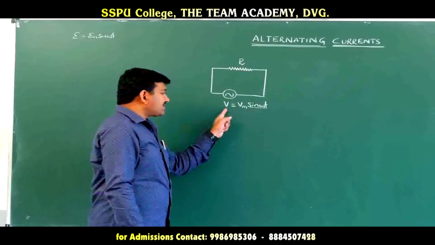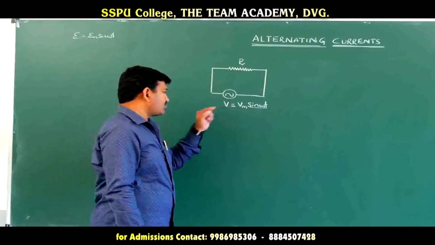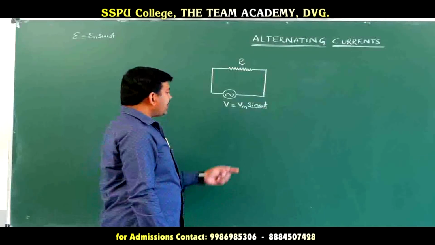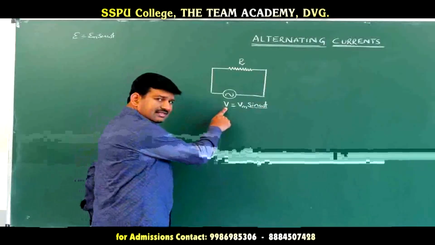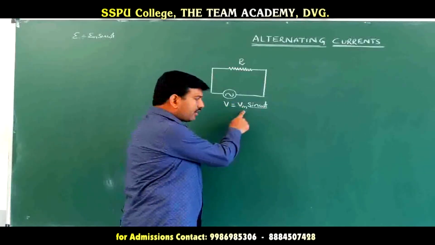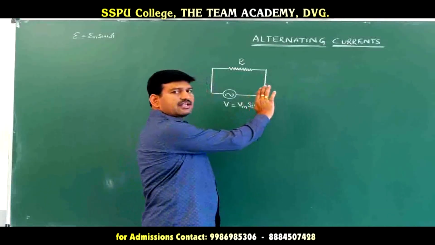So, this is a sinusoidally varying voltage or alternating source whose voltage is represented by V is equal to Vm sine omega t. What does this Vm refer to? The left hand side term being the voltage, the right hand side term must be the voltage, and this sine omega t is a mathematical function which does not have any physical meaning.